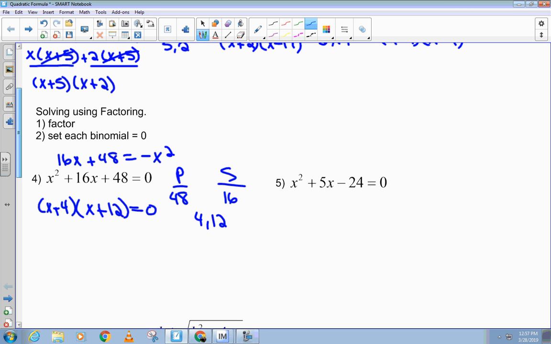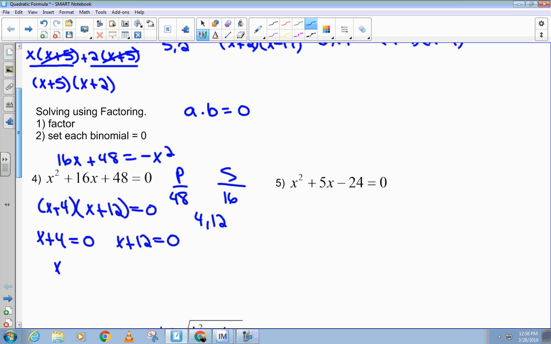Now, do you agree that if you know that two things multiplied together equals 0, then either one or both of them has to be 0? Right. So to solve it, once I get it factored, I set each of the binomials equal to 0. So I'm going to set x plus 4 equals 0 and x plus 12 equals 0, and I'm going to solve it.